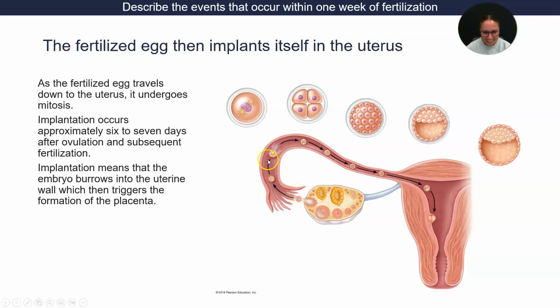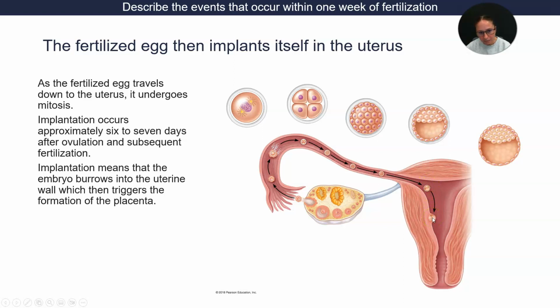Gotcha. All right, here we go. So here is the sperm meeting the egg, and look, once we've made one cell, it turns into two, and those two turn into four, and those four turn into many, many others. And that happens as this little human being makes its way down here.